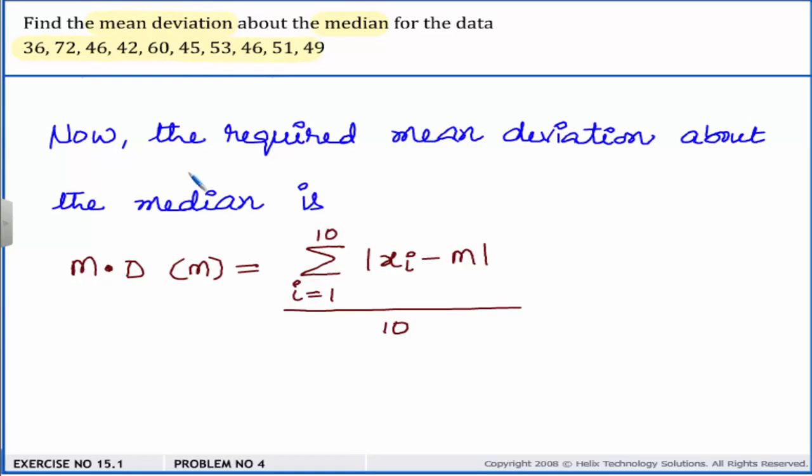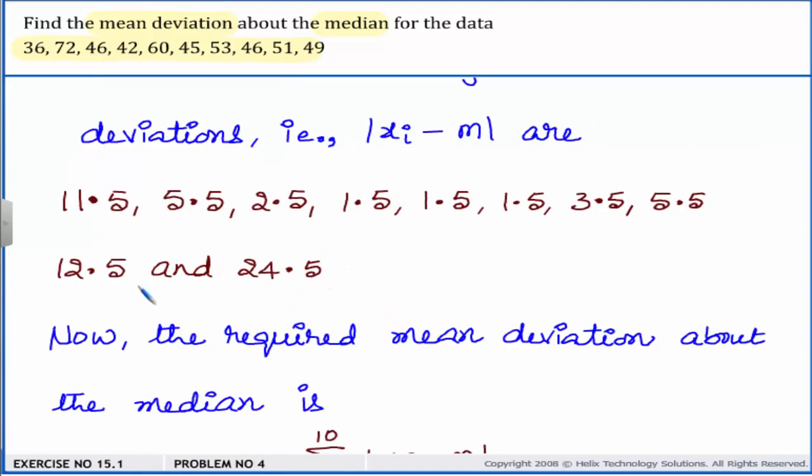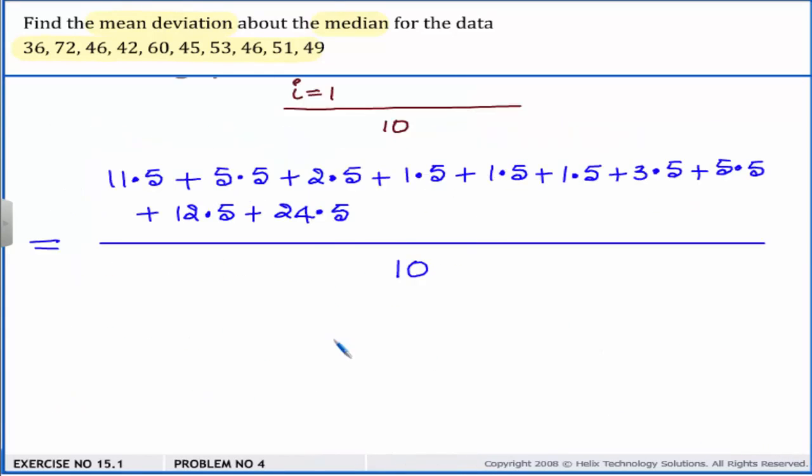Now, the required mean deviation about the median is: mean deviation about m is equal to summation modulus of xi minus m, where i is equal to 1 to 10, upon 10. So this is equal to the sum of all the absolute deviations upon the total number of deviations.